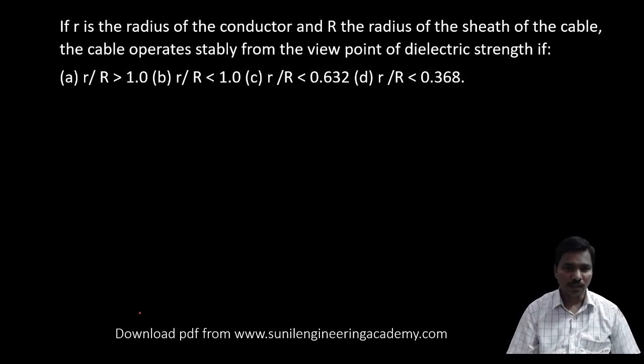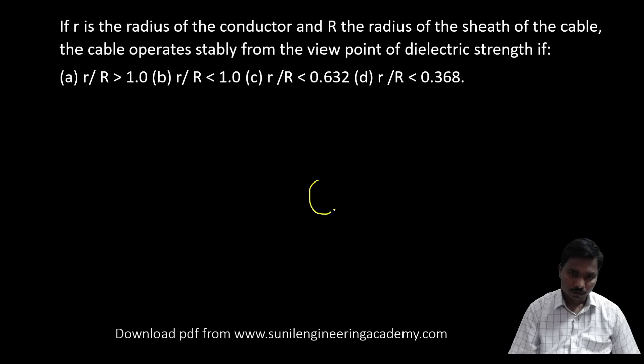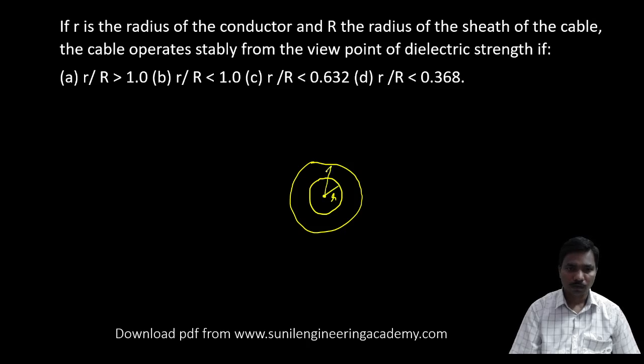If small r is the radius of the core and capital R is the radius of the sheath of the cable, the cable operates stably from the viewpoint of dielectric strength when dash. Generally capital R must be greater than small r, correct?